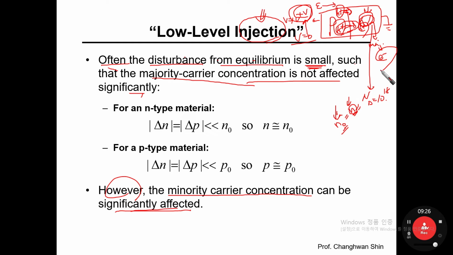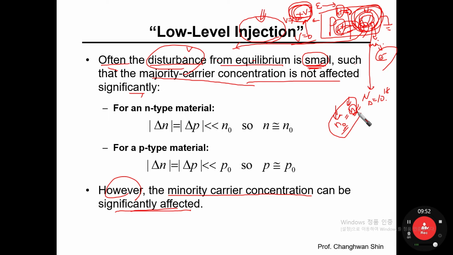Okay? So a disturbance has happened to this N-side material. In this N-type material, the non-zero voltage has been applied. So a disturbance has happened. But this disturbance is very small. How small is it? See here.